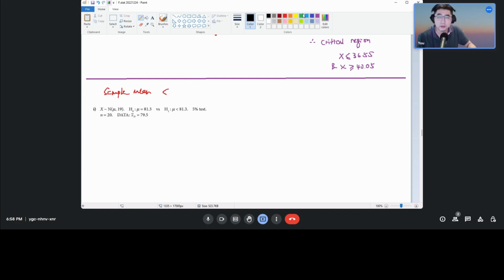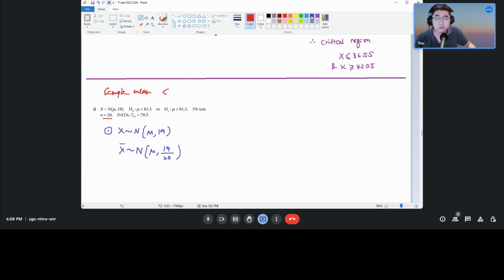Step 1, I have x, which is normal with mu and variance 19. So bar x will be normal with mu and 19 over 20 here, so n equals 20, as you can see.